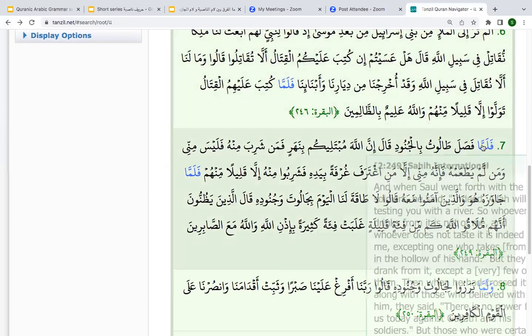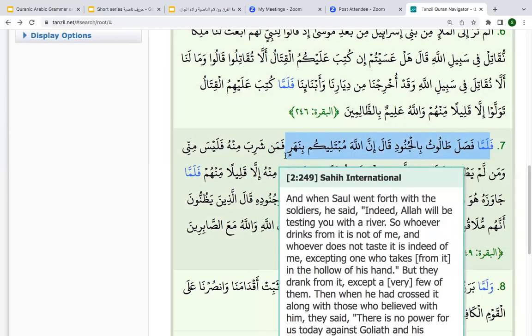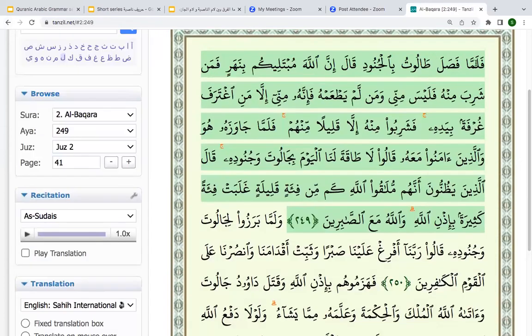Okay. Now this one, very, very, very important one. Lamma fasala talutu bil junudi. What do you think? Lamma. Zarfiya, shartiya, ismiya? Because it was being followed by fail madin. Where is my shart ending?